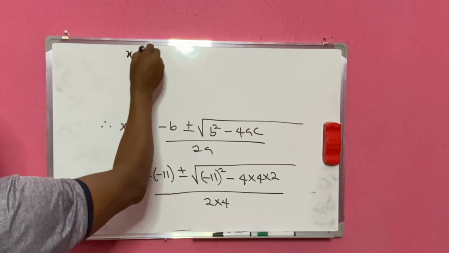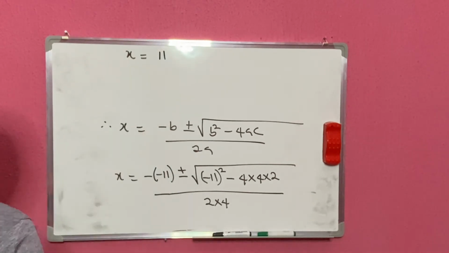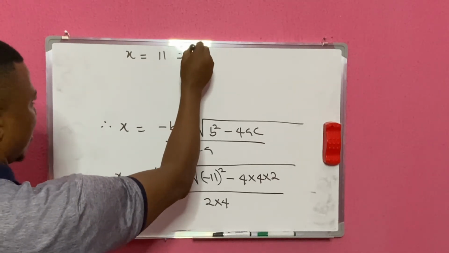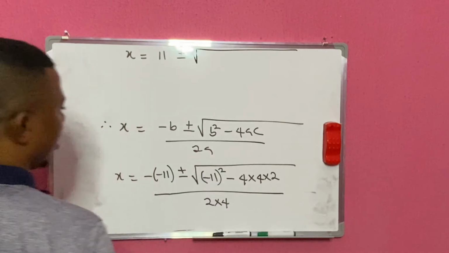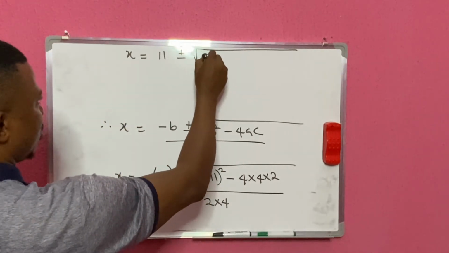x equals minus times minus is plus. I'll write 11, plus or minus. Minus 11 squared is 121.